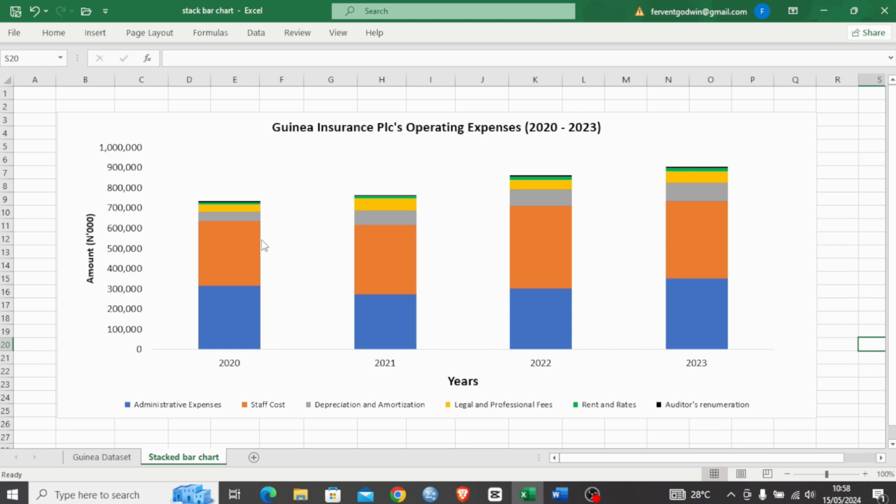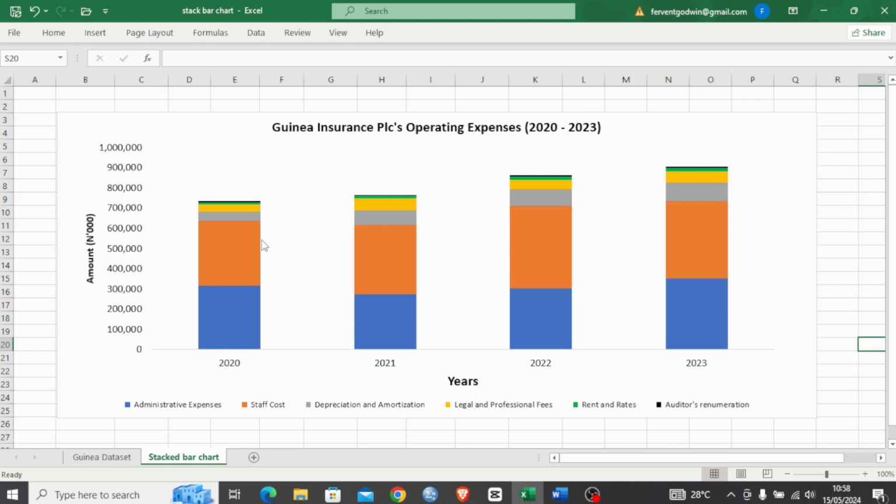So that's all about operating expenses for this company, Guinea Insurance PLC. We're just taking this as a sample.